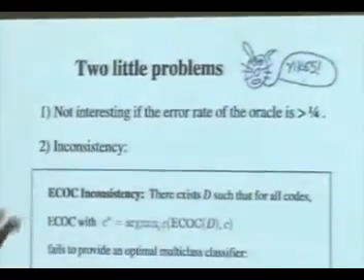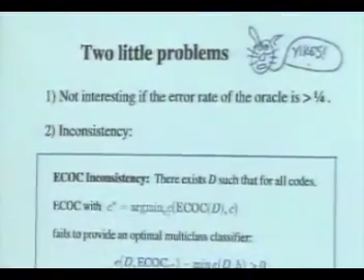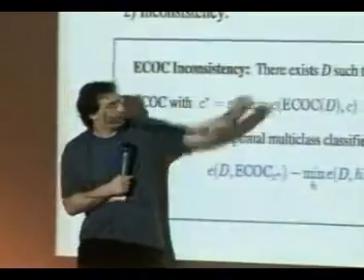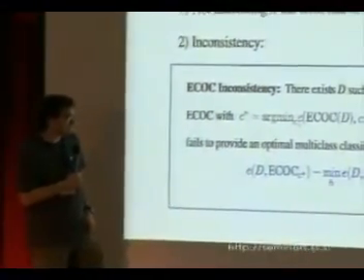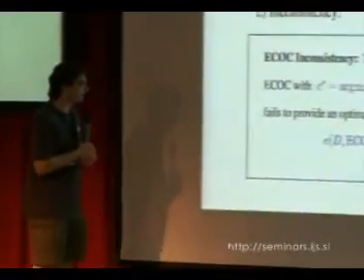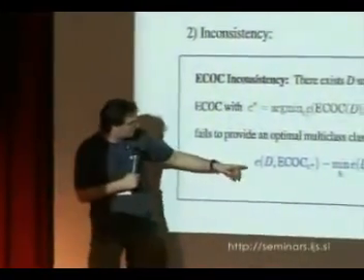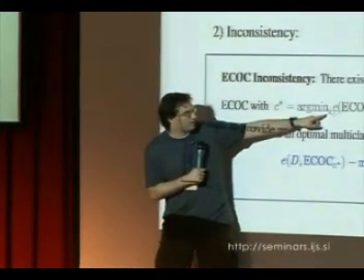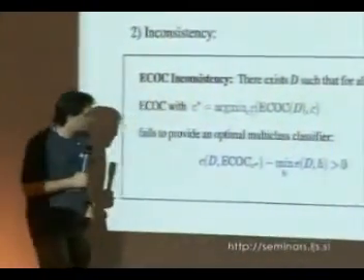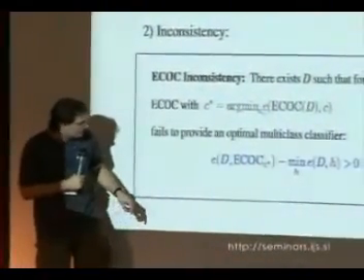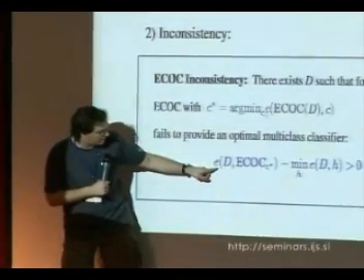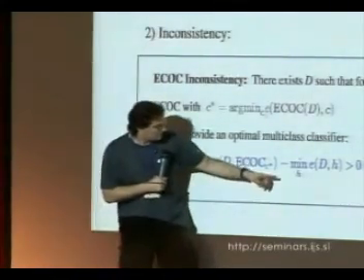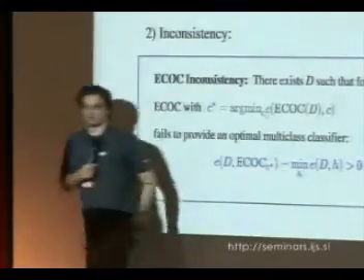There's also a problem with inconsistency. The claim is there's a multi-class problem such that no matter what code you use, if you choose the best possible binary classifier on the induced binary distribution, the multi-class error rate of ECOC using that classifier is greater than the minimum possible error rate.